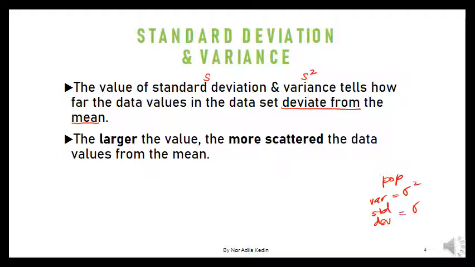Kalau S squared awak 4, dan S awak adalah punca kuasa 4, which is 2. Macam tu je. So, kalau awak dah ada variance, awak boleh cari standard deviation. Kalau you ada standard deviation, you boleh dapatkan your variance. And sama juga, the larger the value, the more scattered the data. And mesti positif. Apa-apa measure of dispersion, nilainya mesti positif.